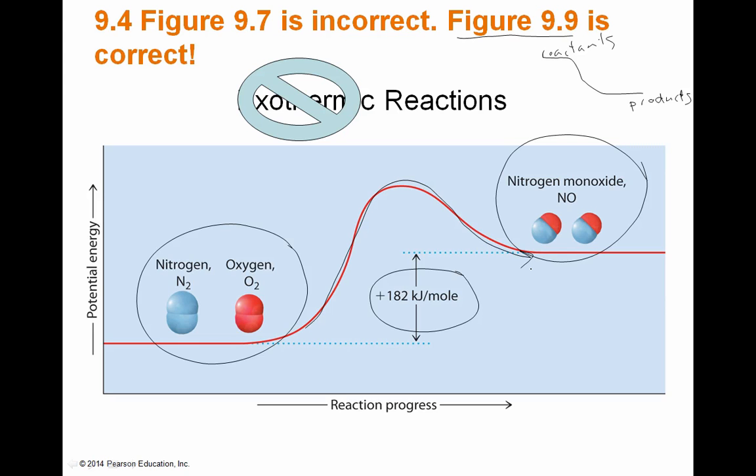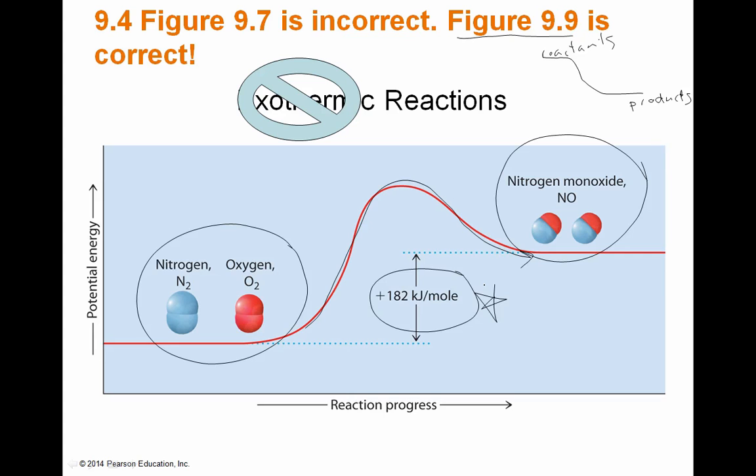It's called an endothermic reaction because it requires energy in order to produce the product. Another way of telling this is that it's got a positive energy required per mole for the reaction to take place. So for every 1 mole of product that you want to produce, you need to have 182 kilojoules of energy. So figure 9.7 is incorrect, but figure 9.9 is correct.